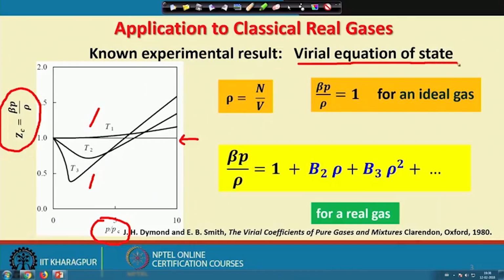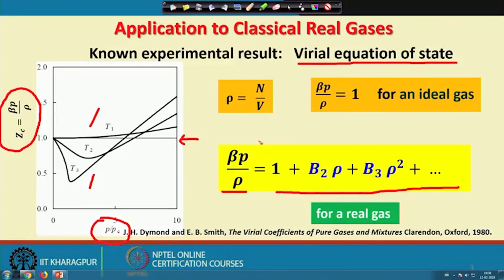Based on these observations, Kamerlingh Onnes proposed an equation of state for real gases, known as the virial equation of state, and it expresses the quantity beta P by rho as a power series summation in the number density rho.